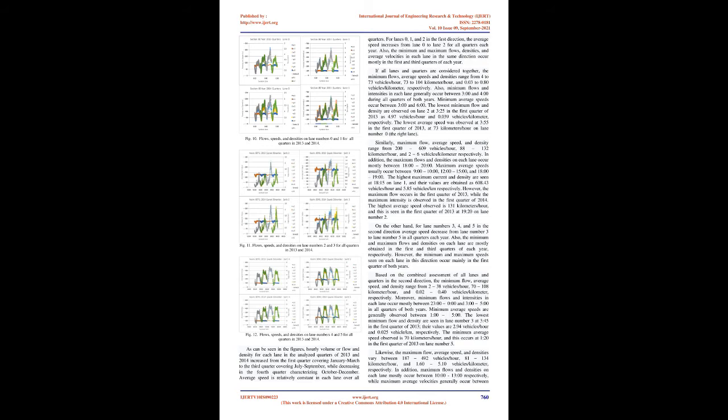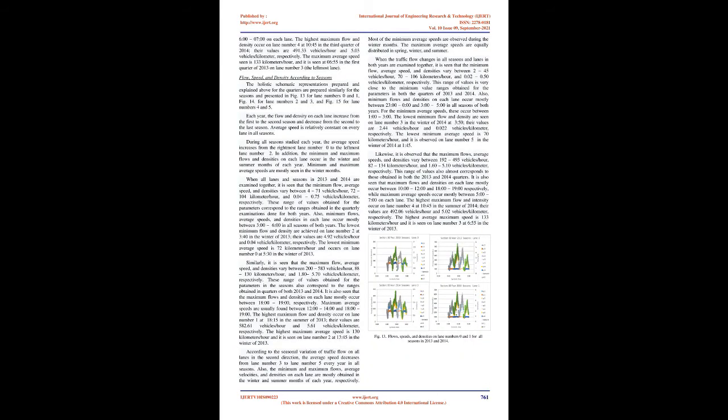This range of values is very close to the minimum value ranges obtained for the parameters in both the quarters of 2013 and 2014. Also, minimum flows and densities on each lane occur mostly between 23:00 hours, midnight, and 3 o'clock to 5 o'clock in all seasons of both years. For the minimum average speeds, these occur between 1 o'clock and 3 o'clock.